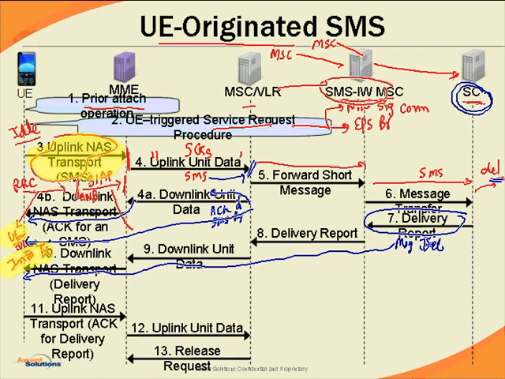So those are the message names: downlink unit data for SGs, and downlink NAS transport, and RRC downlink information transfer containing the delivery report. And we have to now send the acknowledgement for the delivery report. So that is inside the uplink NAS transport. That will go here. So now MSC knows that the delivery report has been successfully received by the UE.